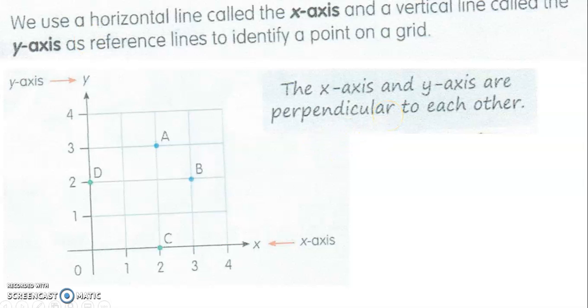So this is the grid, and we use these two lines as reference lines. Why? To identify a point on a grid. For example, point A, point B, point C, point D. We're going to recognize these later.